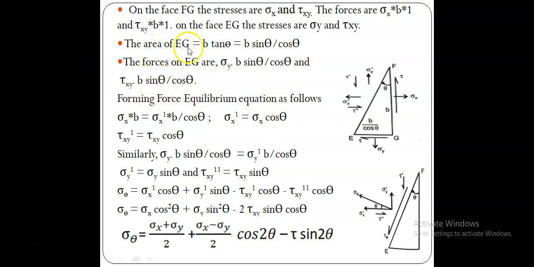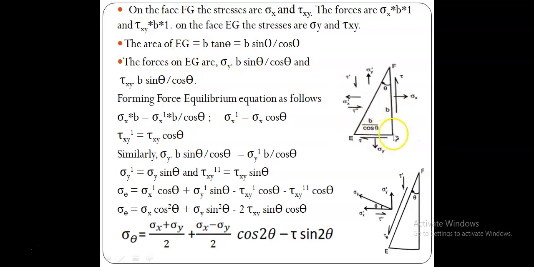First let us find the area of EG. In the face FG, the area is nothing but B into 1, because of unit thickness. But what is the area of EG?